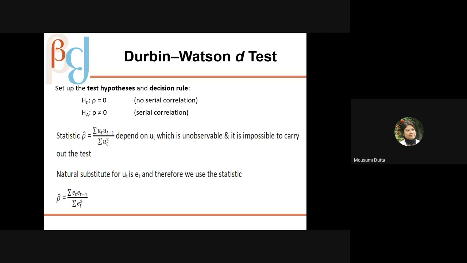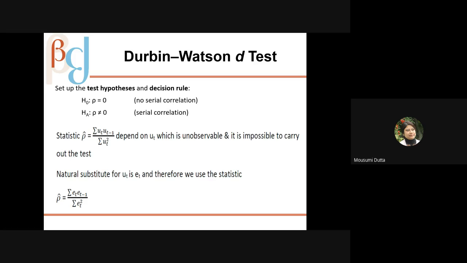Now, the standard calculation of rho hat is presented as summation ut ut minus 1 divided by summation ut square.